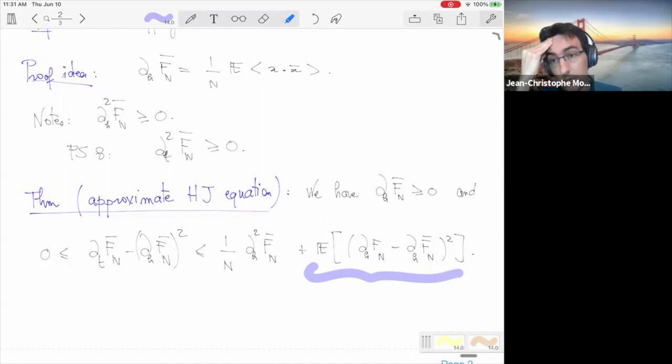Okay, does the statement make sense? I don't write it, but I mean that everything is computed at a given point. So I could write of TH everywhere.